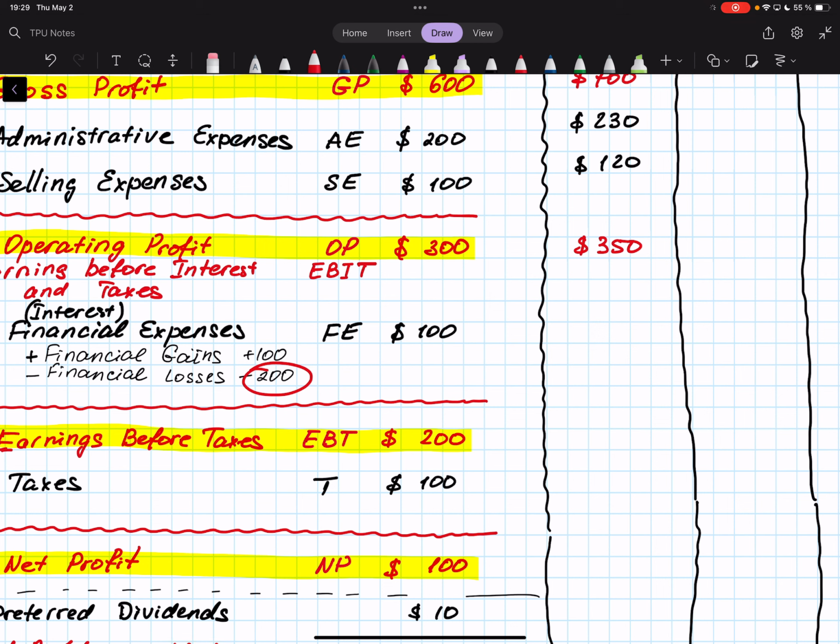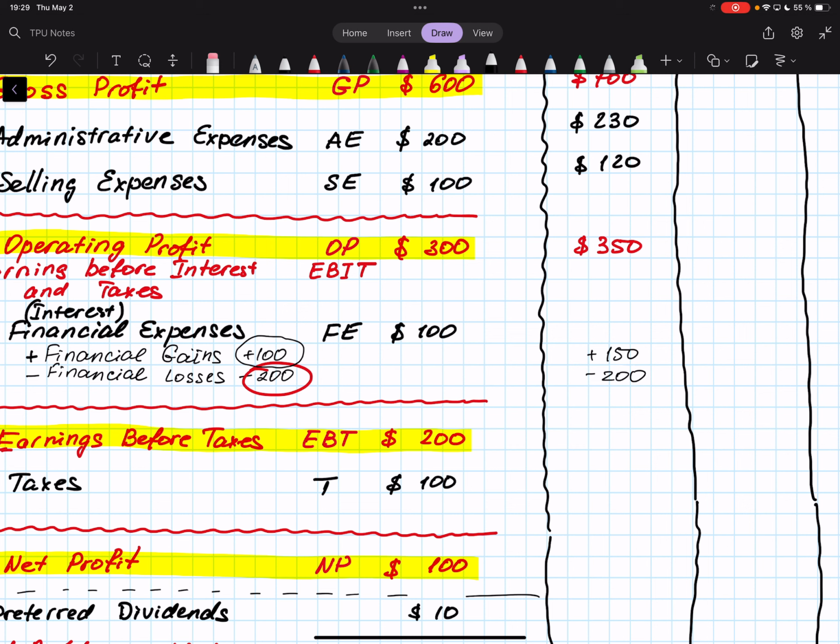Okay. Now, financial expenses. Let's say that our financial gains, the little number over here, let's say it's plus 150. And financial losses, let's say it's minus 200.